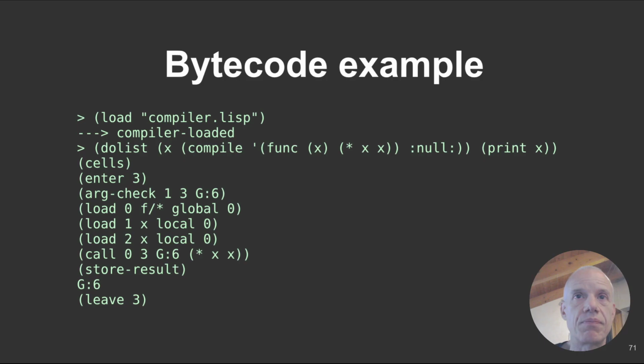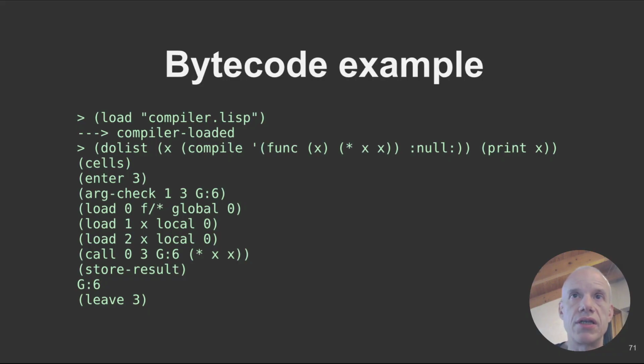But this is something that could be added to save some code, to simplify the code generation. And then at the end, I'm storing the result. This basically means load the first temporary. The result will always be in the first temporary slot into array X. This is the meaning of store result.